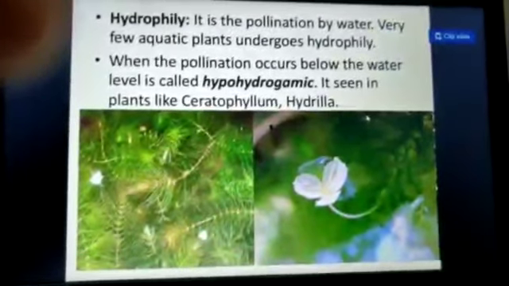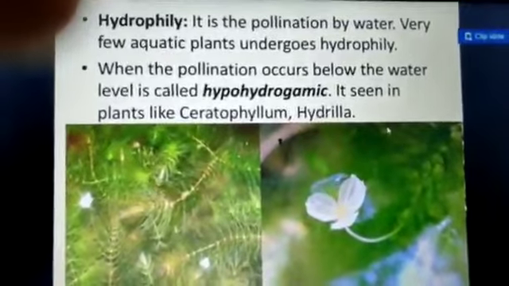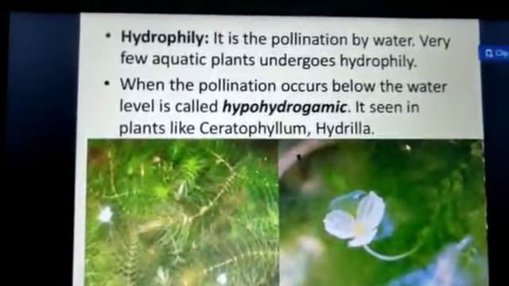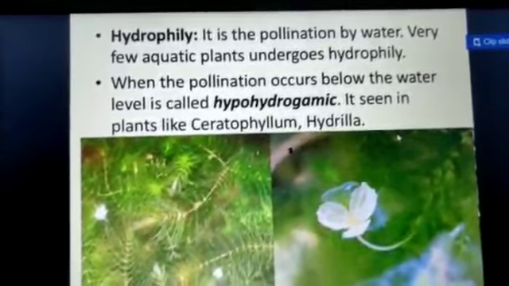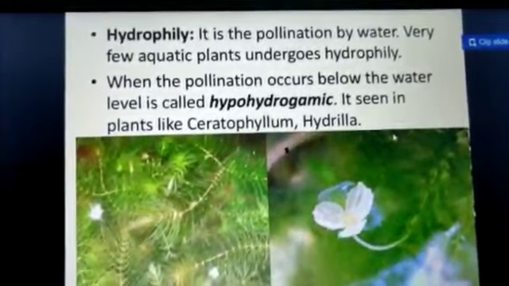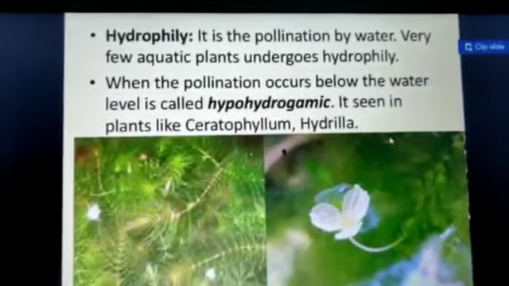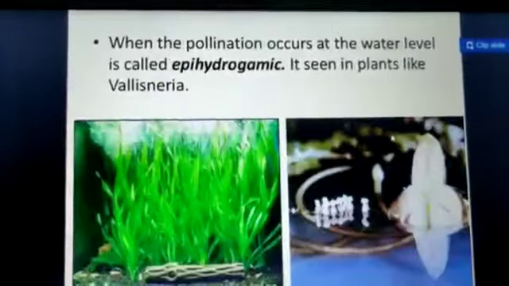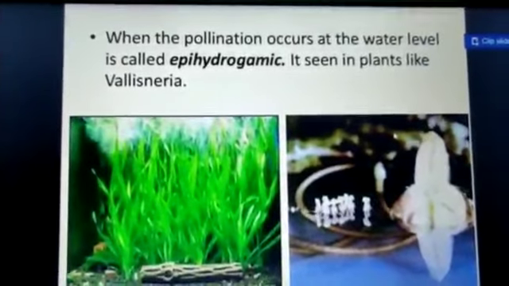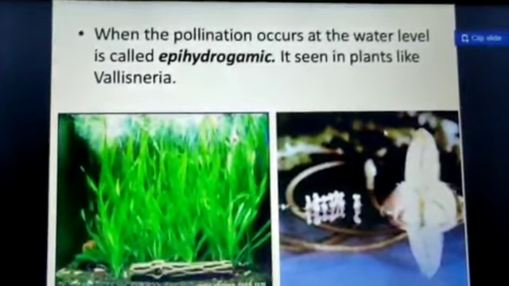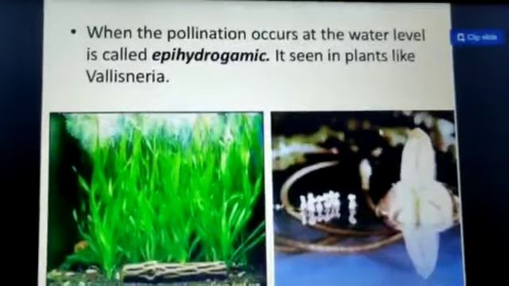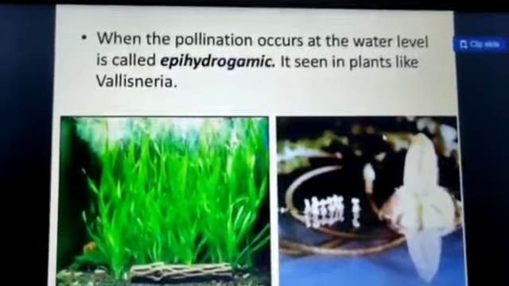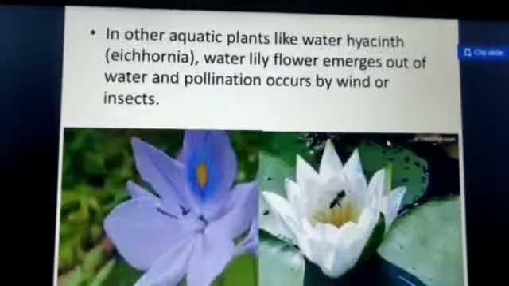Hydrophily, it is the pollination by water. Very few aquatic plants undergo hydrophily. When pollination occurs below the water level, it is called hypohydrophily, seen in Hydrilla. When pollination occurs at the water level, it is called epihydrophily, in plants like Vallisneria.